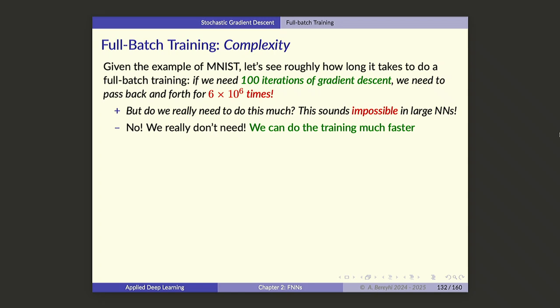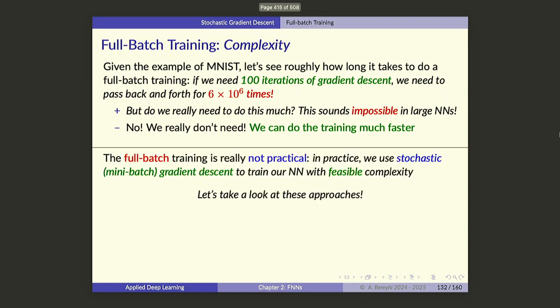Even if each of them takes a fraction of a second, a millisecond, this is still going to be a large training time for MNIST, something that you can do quite fast nowadays, right? So this is, at the end of the day, not what we do. If we have larger data, or a very deep architecture, then this is practically impossible to do.